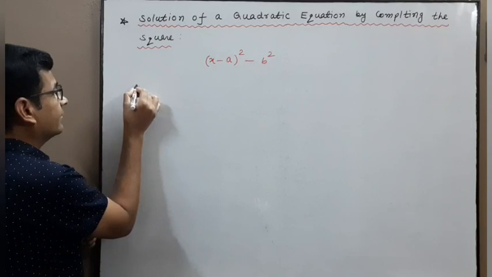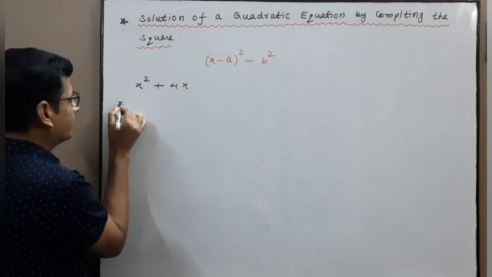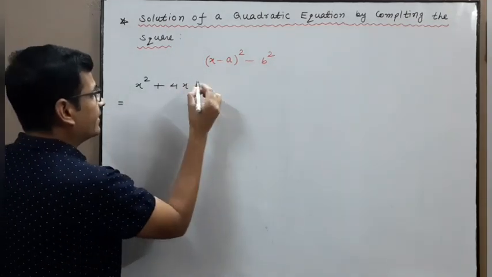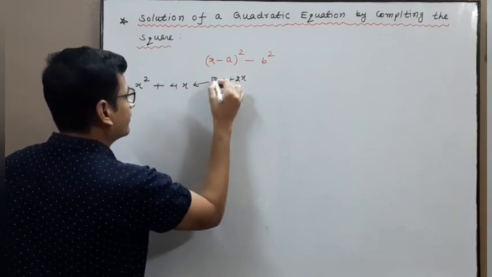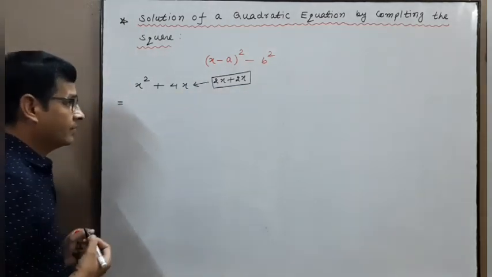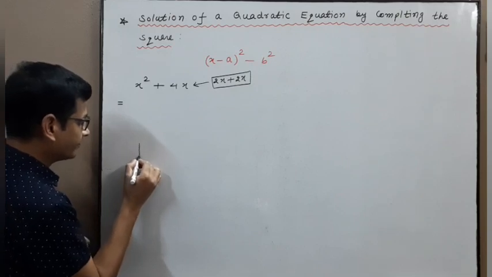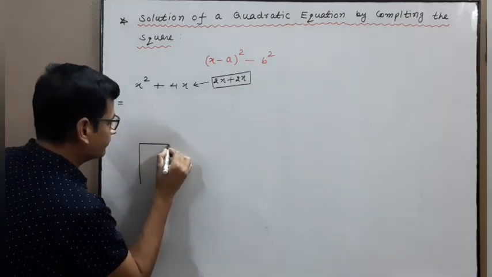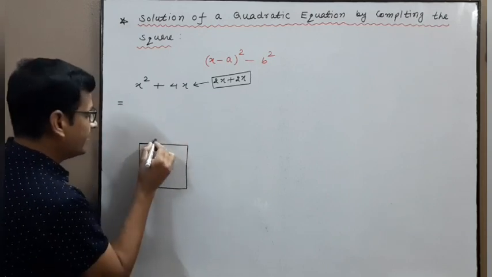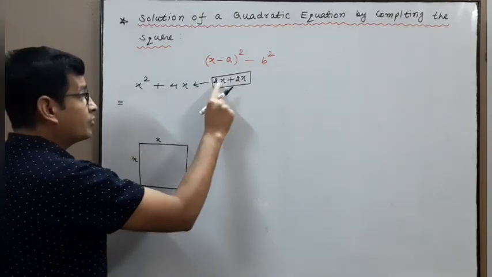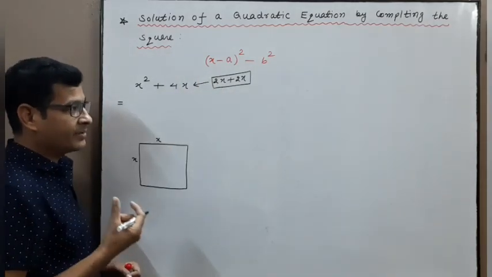For example, x square plus 4x, we can write 4x as 2x plus 2x. Let us consider a square whose side is x. 2x is a product of two numbers, means length into breadth, means a rectangle.